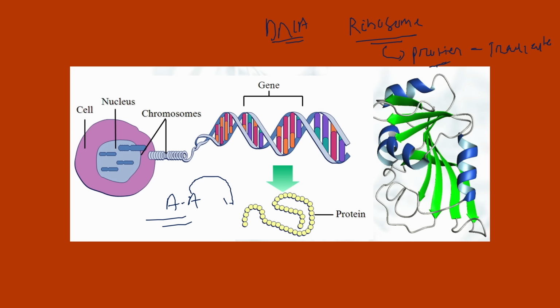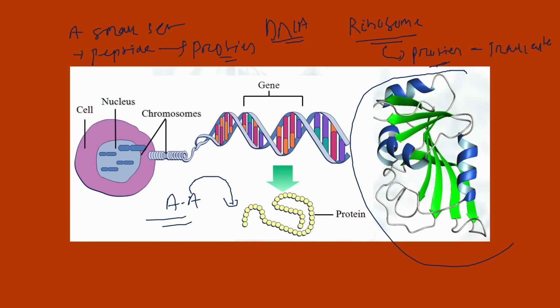The amino acids combine to form peptides. A small set of amino acids is called a peptide, and when the peptides combine with each other, they form the protein. Now this protein, and you can see here, this is the receptor protein.